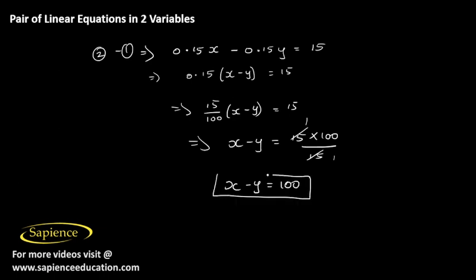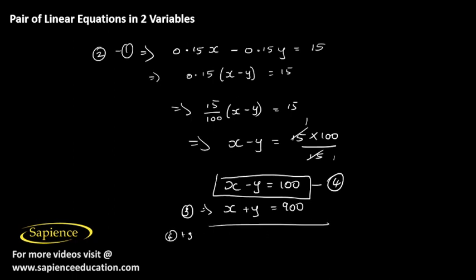This is the fourth equation. And we already have the third equation, x plus y equals 900. We can solve them just by adding them. Fourth equation plus third equation gives us 2x equals 1000, which means x is equal to rupees 500.